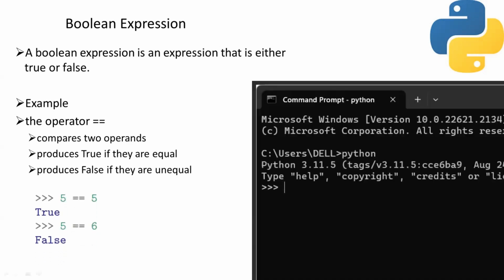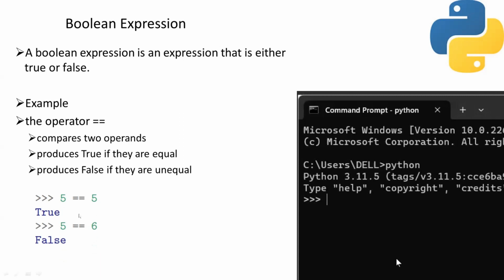Example: 5 equal to 5, and as these are equal, it will result in true. 5 equal to 6, this is not equal, so it will give us a false result.